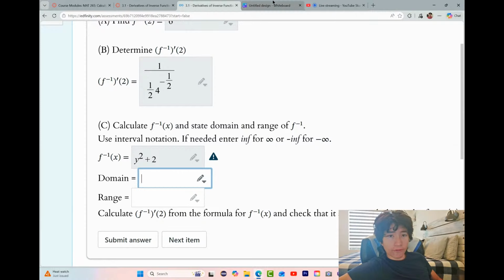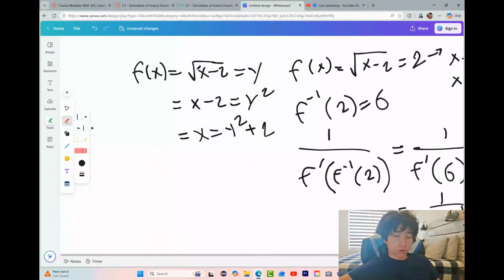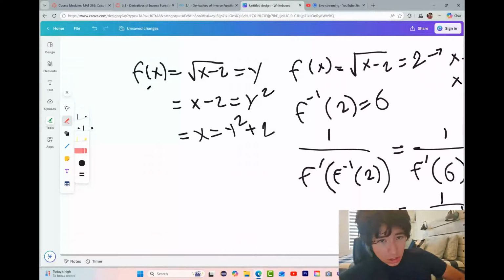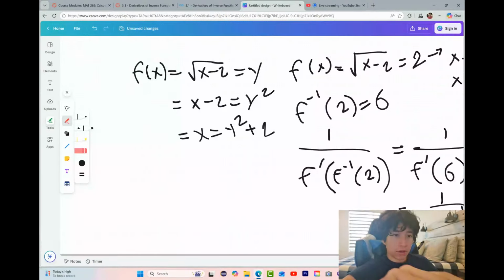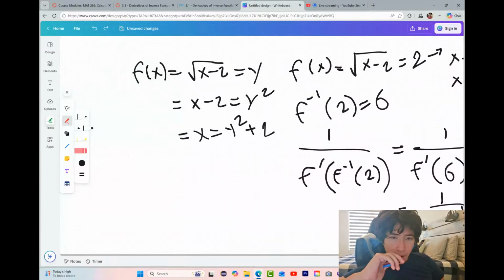So we have f of x equals this. What values of x don't work in this function? Can you do square root of 0? Yeah, I think you can, right? Can you do square root of a negative number?